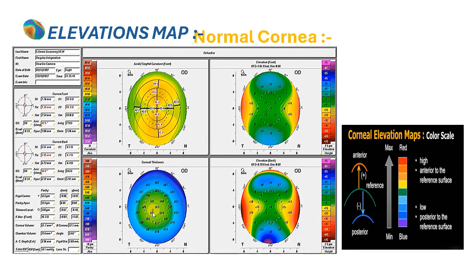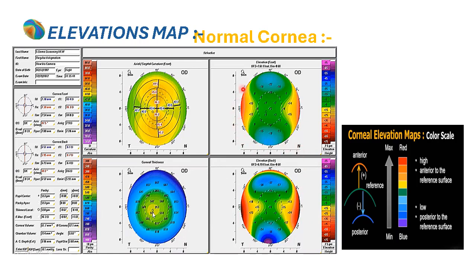After finishing speaking about the curvature map, now the time comes for the elevation map. The elevation map is very important in giving information about the real protrusion on the surface of the cornea and about the shape of the cornea. As you can see here in the quad map, this is the quad map for a normal cornea, this is the anterior elevation map, and this is the posterior elevation map.